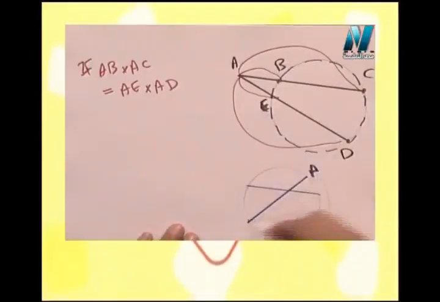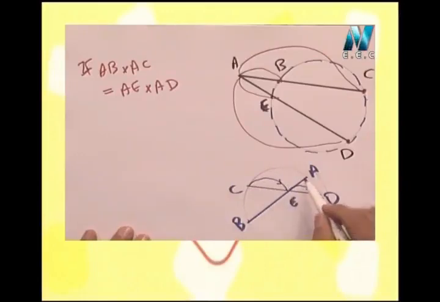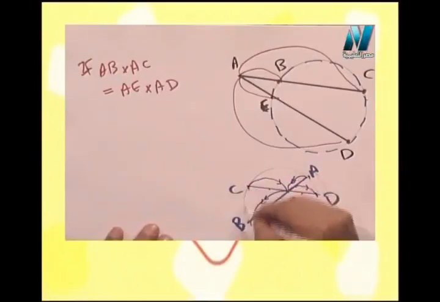We can call A, B, C, D, and E, and we have CE multiplied by AD, this part times this part, equals AE times AB, this part multiplied by this part. If we find that this part times this part equals this part times this part, then A, B, D, and C are on the same circle.